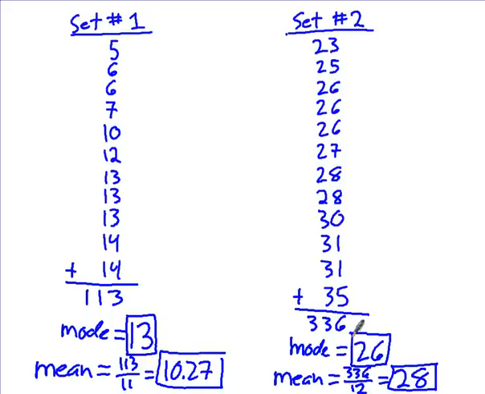Now, the last one is the median. The median is the geographic center of the data set. So you, first of all, have to make sure the data set is in numeric order, either ascending or descending will work. And you have to figure out where the middle is.